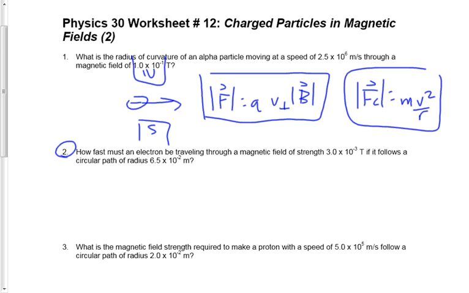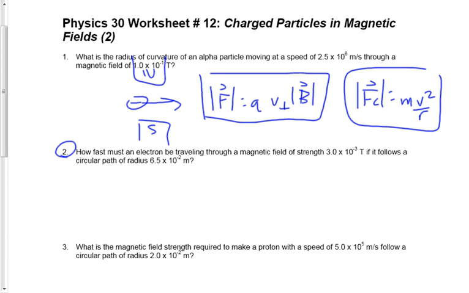Centripetal force. Now, you learned this in Physics 20, a centripetal force is not a fundamental force. It's always caused by something else. A car going around a turn experiences a centripetal force. Well, it's caused by friction. The Earth going around the sun experiences a centripetal force. Well, it's caused by gravity. The electron going around the nucleus experiences a centripetal force. Well, it's caused by the electric force.